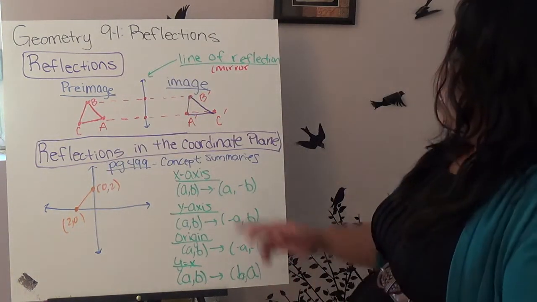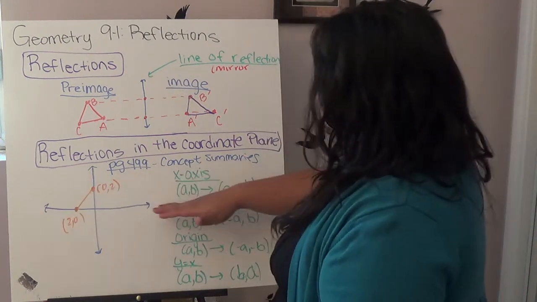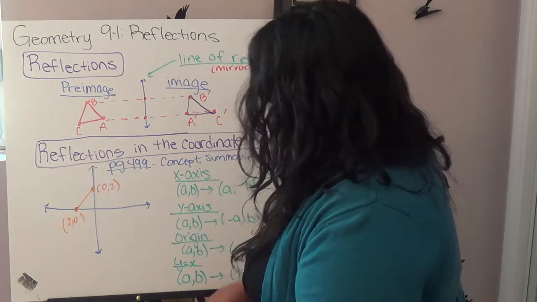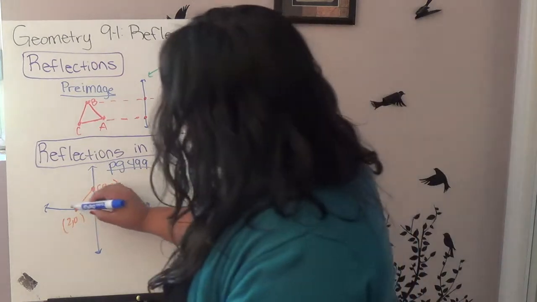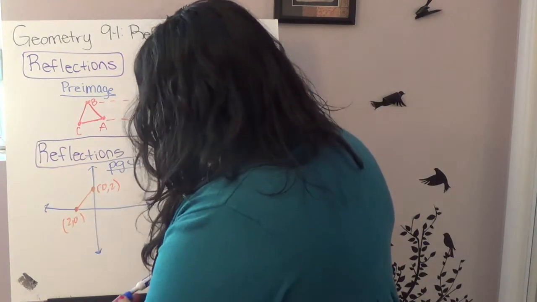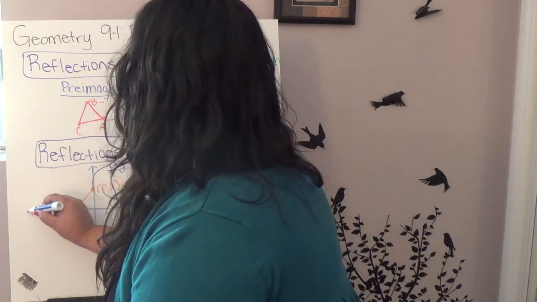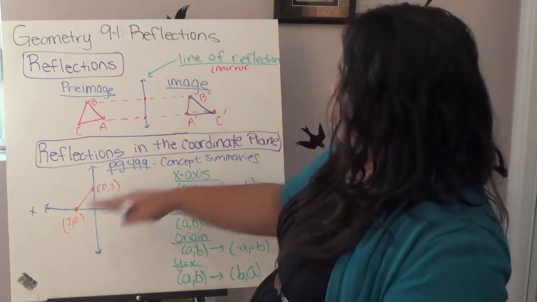Okay? Let's say I want to reflect this into the x-axis. This is the x-axis right here, right? So if this is my line of reflection, x-axis, that means this is my mirror.